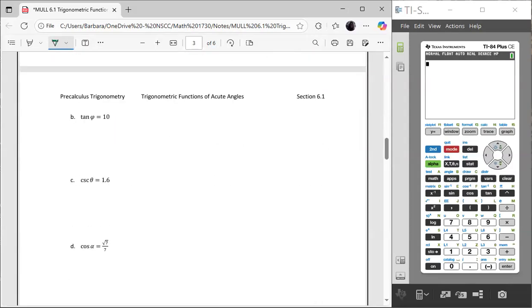We have the tangent of phi equals 10. Now we know that, let's go ahead and write this as a fraction. And the definition of tangent is opposite over adjacent. So sketch a little graph.